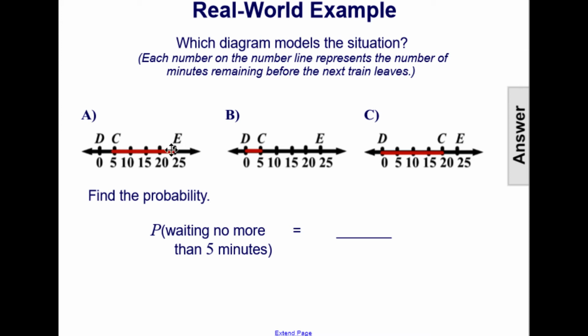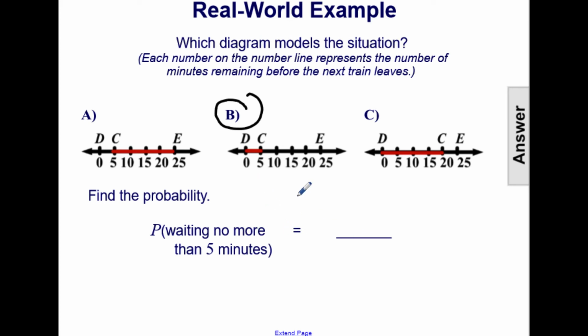So looking at C to E, that's 20 minutes. B, 0 to 5, 5 minutes, and then C, we've got 20 minutes again. So this diagram of B is really going to show the total of 25 minutes, and then we have the 5 minutes of the time that you don't want to be waiting for.